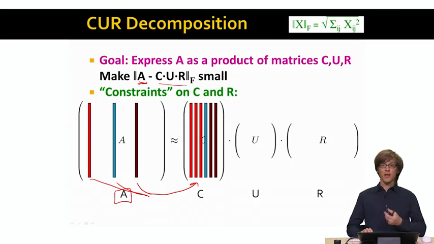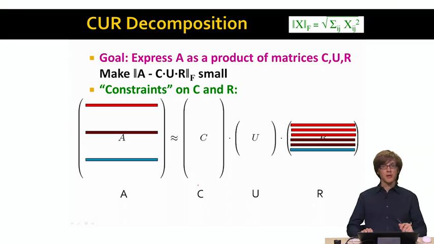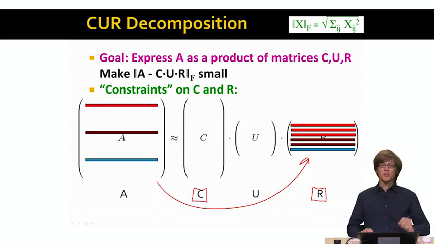Similarly, we will take the matrix R, and we will do the same, but now for rows. So what this means is we will pick a set of rows from matrix A and put them into R. So why do we call matrix R R? Because R stands for rows. And why do we call matrix C C? Because C stands for columns, right? So what we are doing so far is we will create matrix A as a product of three other matrices, where matrix C will simply contain columns from A, and matrix R will contain rows from A. And now, of course, the question will be, what is the matrix U?